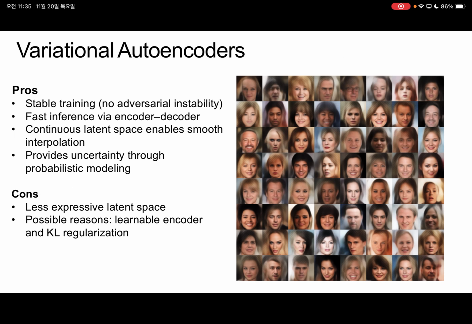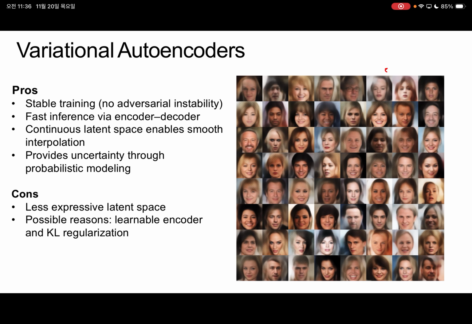But VAE does this only once, really fast, and the continuous latent space enables smooth interpolation and provides uncertainty through probability modeling. But the limitation is that, as you can see from this image, the latent space is not very expressive. The images are a little bit blurry. So the good points are very stable, fast, practical, but the expressiveness is a little bit limited.